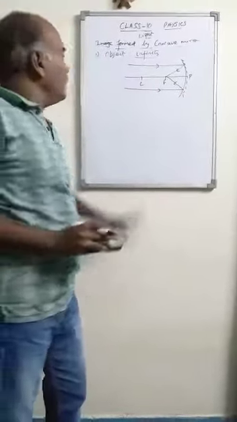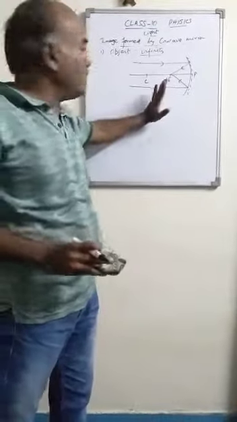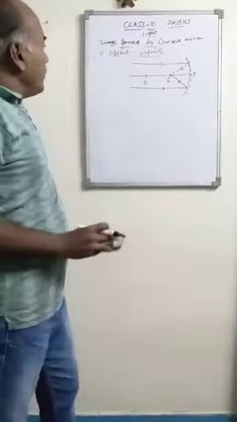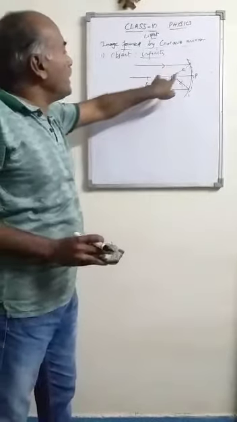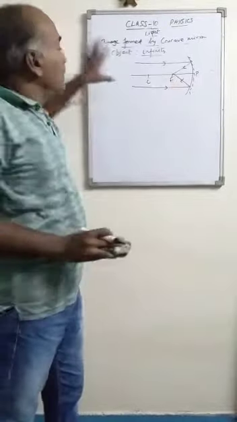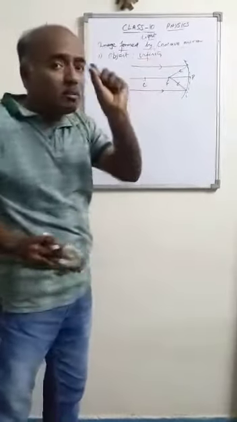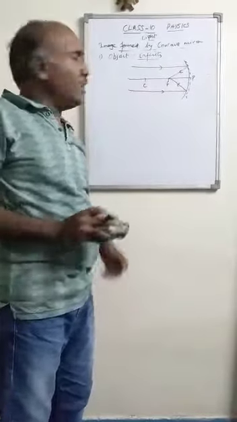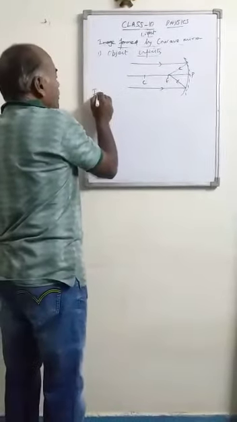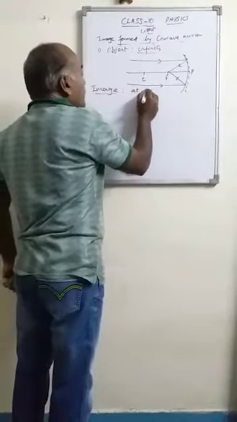That means for the object at infinite distance from the mirror, all the light rays meet at this point. So the image of that object is formed at this small point. So we can say when the object is placed at infinity, the image is formed at focus.